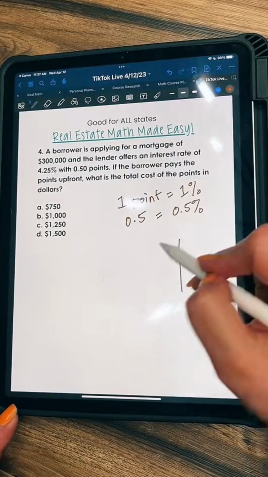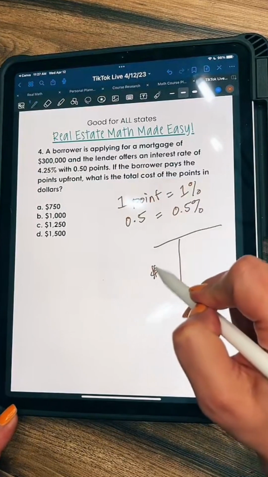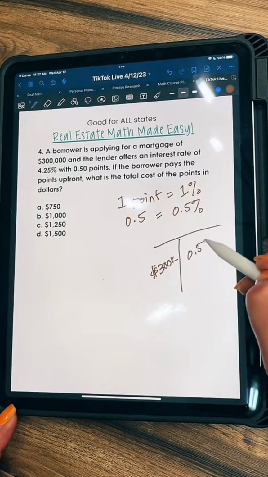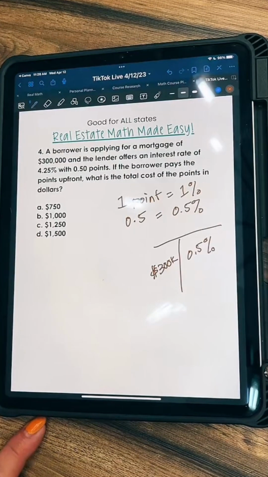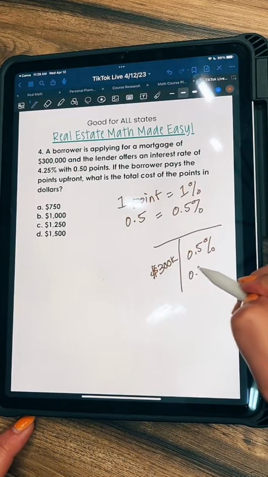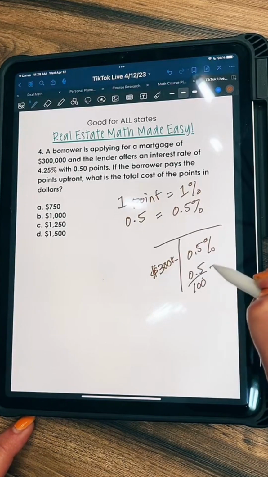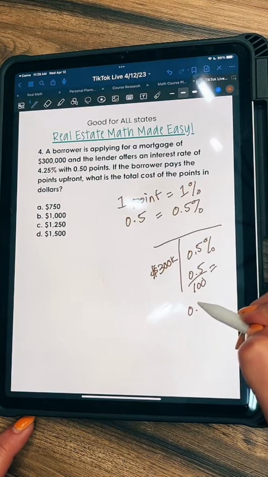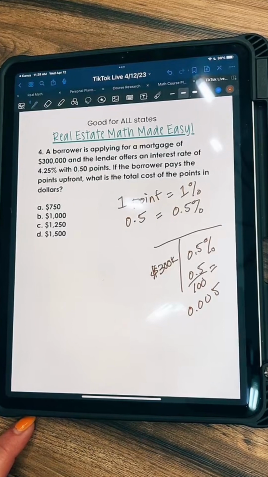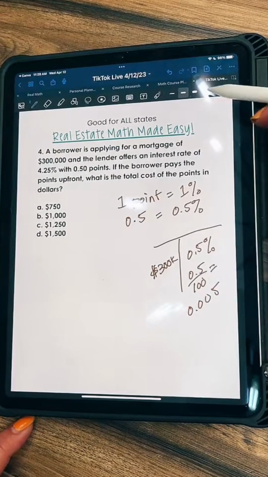So we have to find the total cost of the points. So with our T method, $300,000 is the total amount, and we have 0.5% here. So changing this to a decimal, divided by 100, is going to give us 0.005. Okay, so what we have to do according to the T method is multiply these two, right?